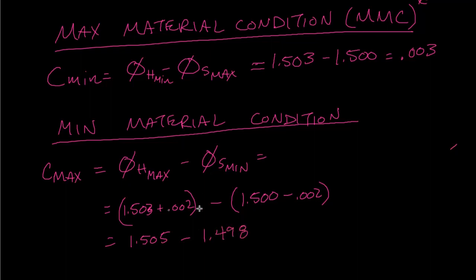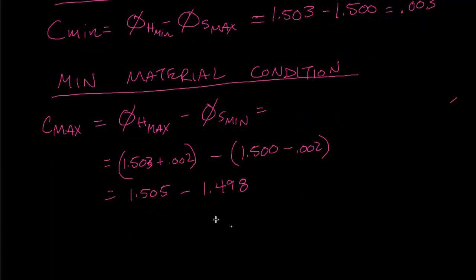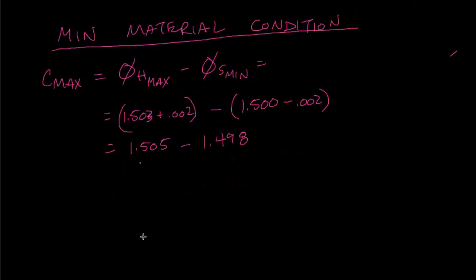Okay, so I could pull out my calculator, but I think I'm going to calculate it manually. But I really don't like working side to side like that, so I'm going to just change it so that the larger diameter is over top. So 1.505 minus 1.498.